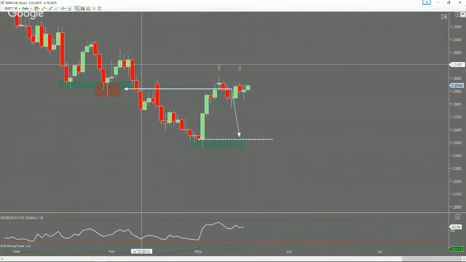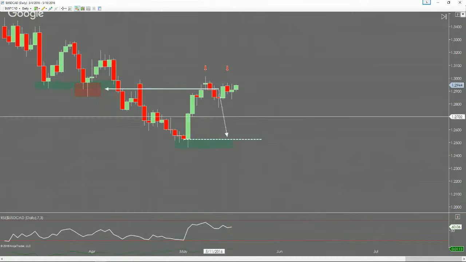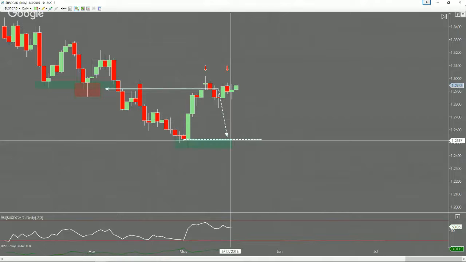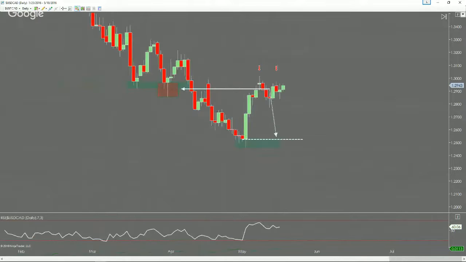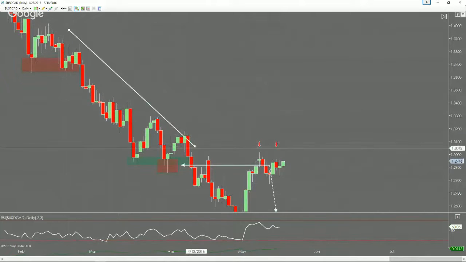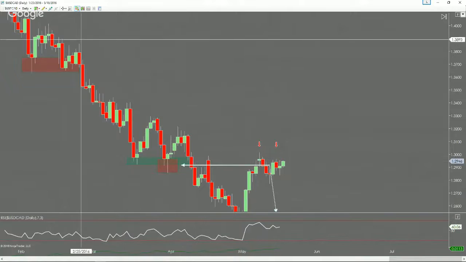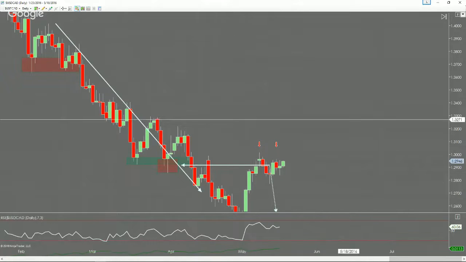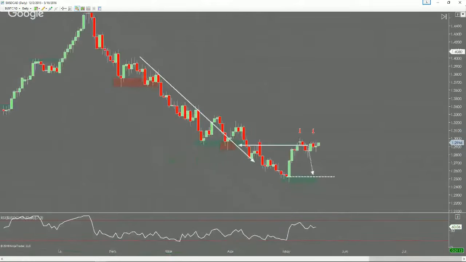Now what we're anticipating for this type of move is that we make this double top right here, and price will come back down to a previous structure level and continue the downward move.